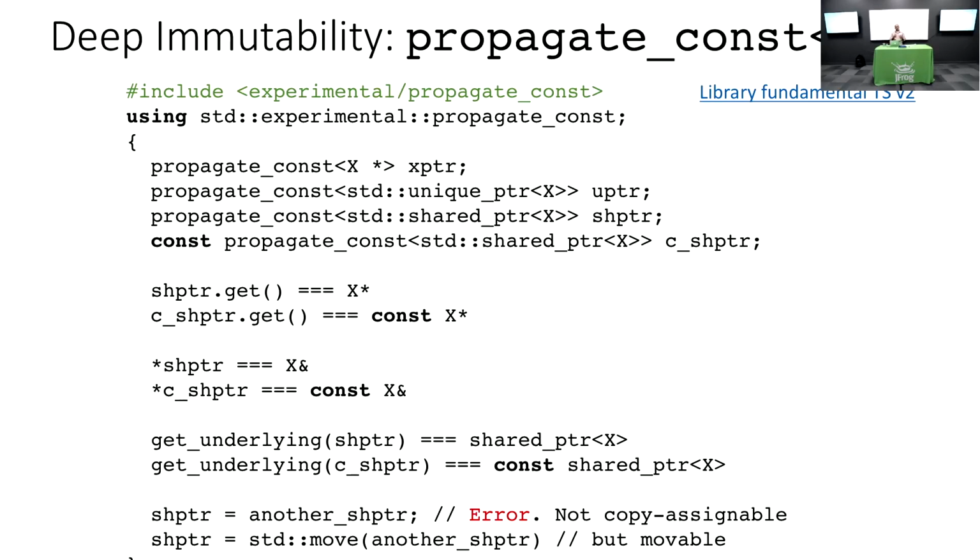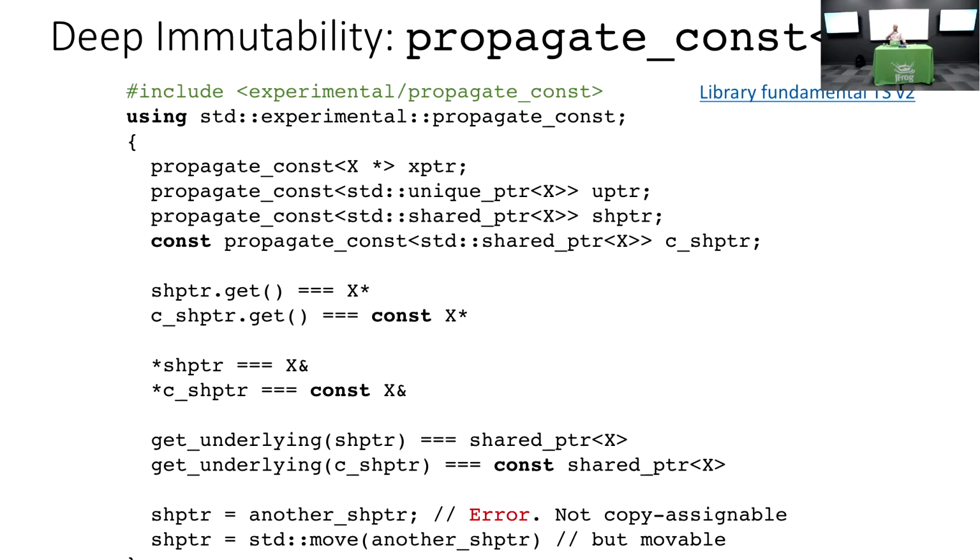So you have to opt in to such behavior. For the same reasons, a const propagate const object cannot be assigned to a non-const one, and hence your class becomes non-copy assignable.